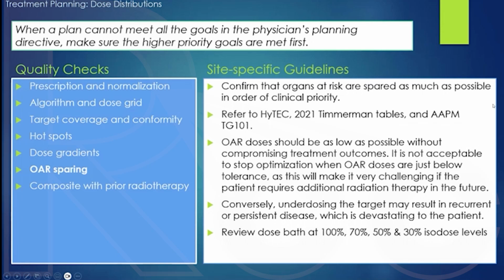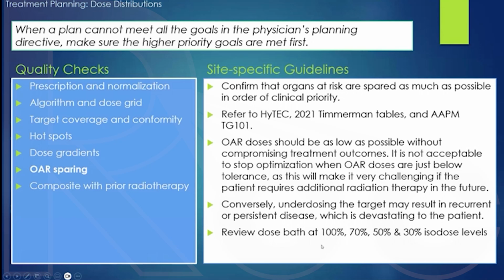It's not acceptable to simply stop the optimization when OAR doses are just below the tolerance, as this will make it very challenging if the patient needs additional radiation in the future, and it could increase toxicity risk for the current plan by itself. Conversely, and this is also very important, underdosing the target may result in recurrent or persistent disease, and that is devastating to the patient. So there has to be a balance based on the priorities.